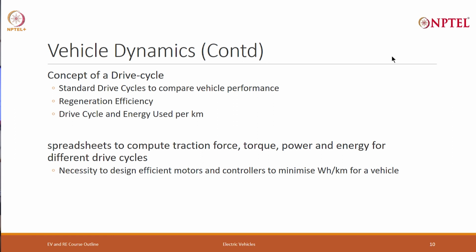You require less energy, less watt hour per kilometer. If you improve your regeneration and do not lose energy during deceleration or coming down a slope, to that extent your efficiency increases. We will talk about all this and its impact on watt hour per kilometer of a vehicle.